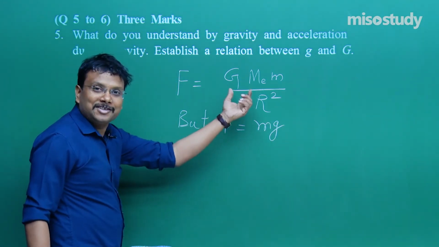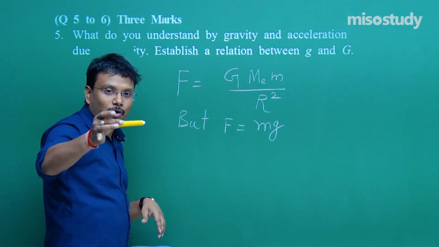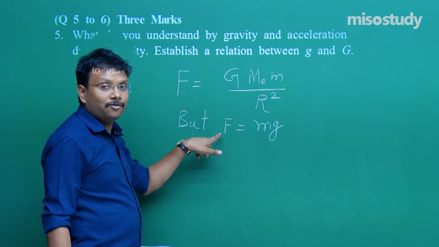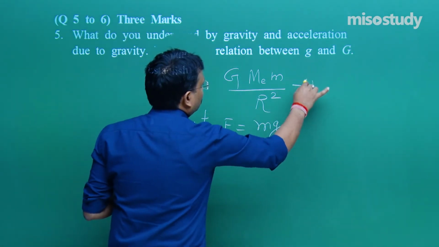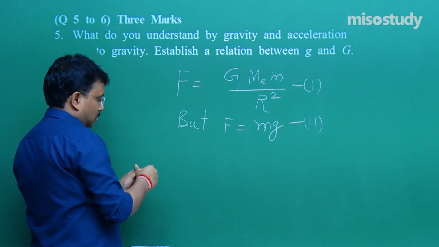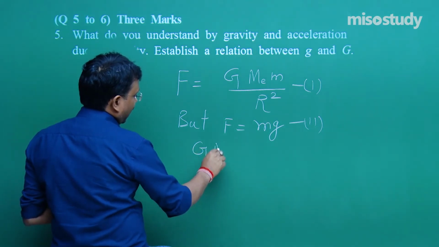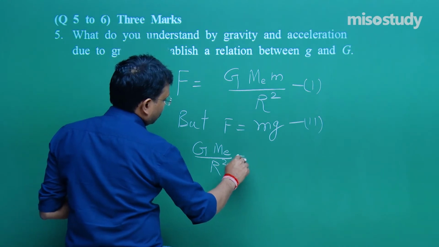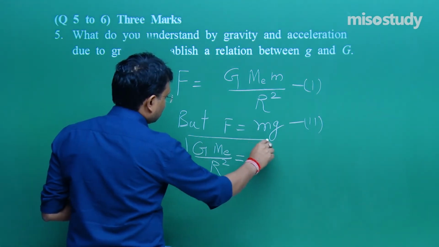This is the force of attraction between earth and this small chalk holder, definitely I will not drop it, otherwise I will be fined, and this force is mg. So equate those, equation 1 and 2. So that will give you G M E upon R square is equal to what? g.